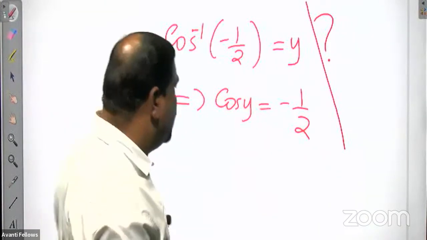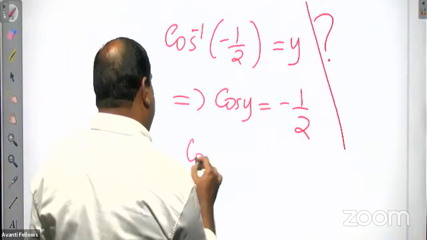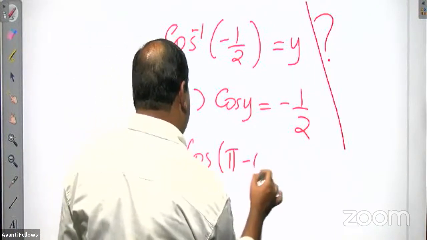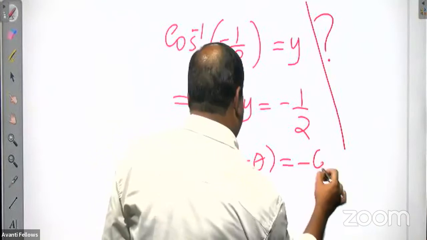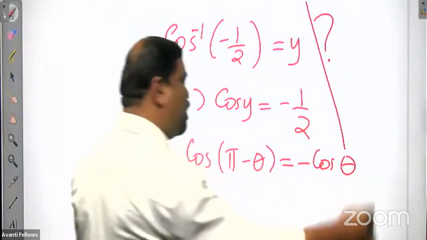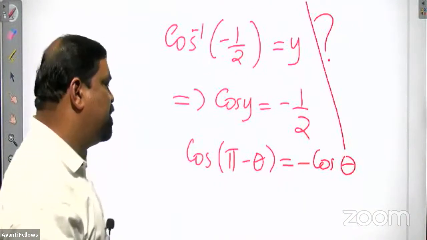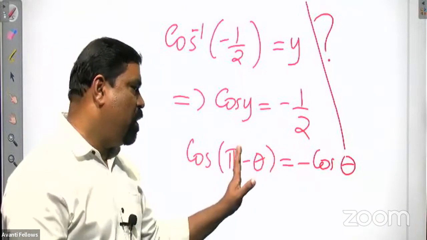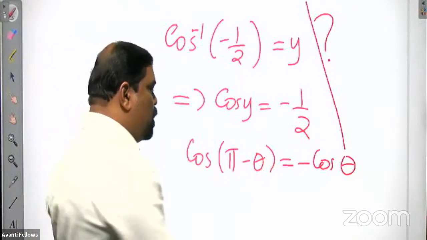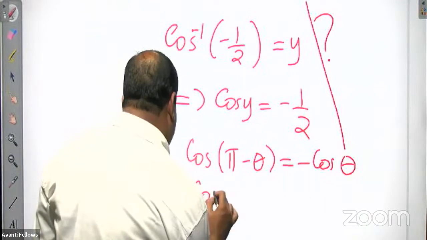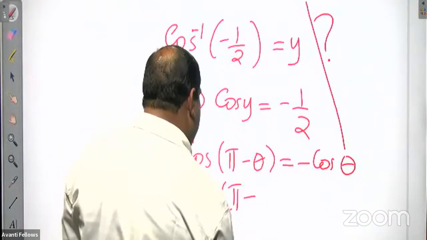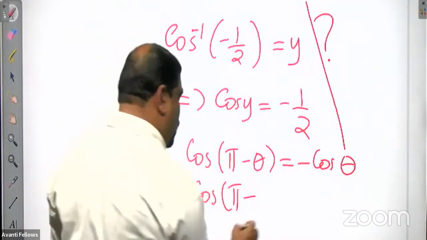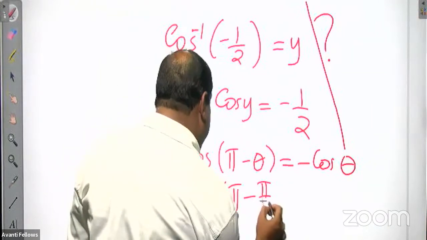Okay, it's very simple actually. We know cos of pi minus theta equals minus cos theta. The trigonometric formula. You know, cos pi minus theta is minus cos theta. Second quadrant, cos minus. So put a suitable value for theta. So we put theta equal to pi by 3.